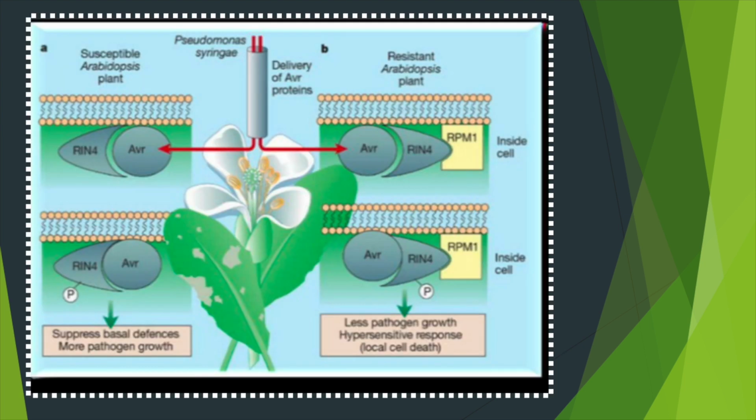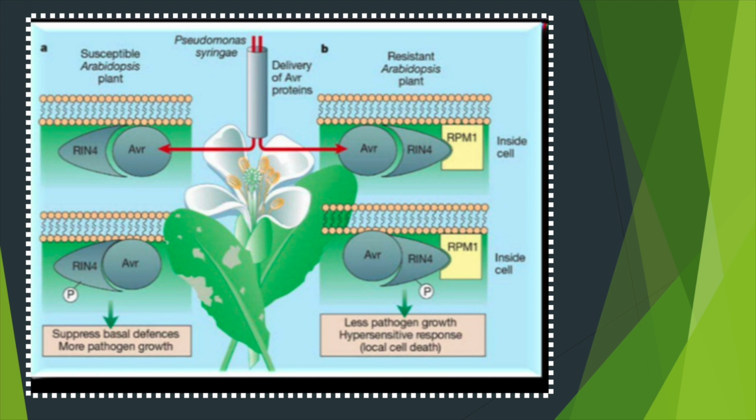So here you can see the Pseudomonas syringae attack on an Arabidopsis plant. Here also it is present. So the genes inside the cells are responsible for the susceptible response or the resistance response. So in the presence of certain suppressing factors, the plant will become susceptible to infection by Pseudomonas syringae, whereas in resistant plants the pathogen will induce hypersensitive cell death, and it will prevent the further growth of the pathogen.